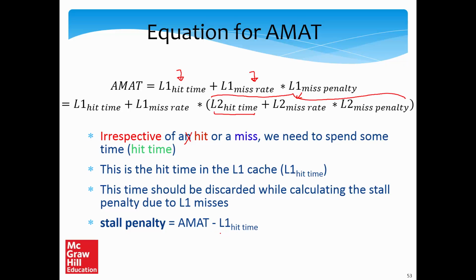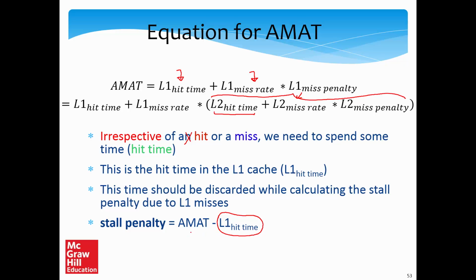The reason that we define it like this is because we assume that in an ideal processor, all the instructions will hit in the L1. So the L1 hit time will be folded into the computation of CPI ideal. We need not consider it again as a penalty, so it should be ignored when we are computing the stall penalty.